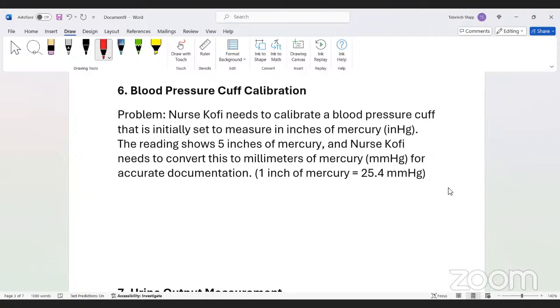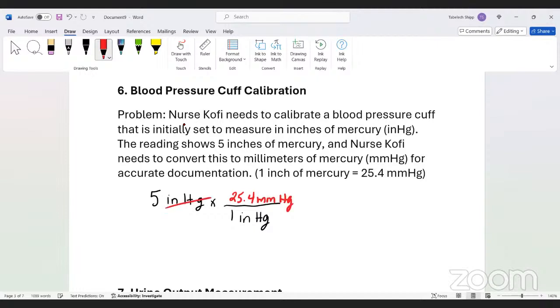Okay. So in this particular example here, you've got a reading that says 5 inches of mercury that we need to convert to millimeters of mercury. So this is quite simple. All you're going to do is put on the very bottom 1 inch of mercury, and on the very top, 25.4 millimeters of mercury.